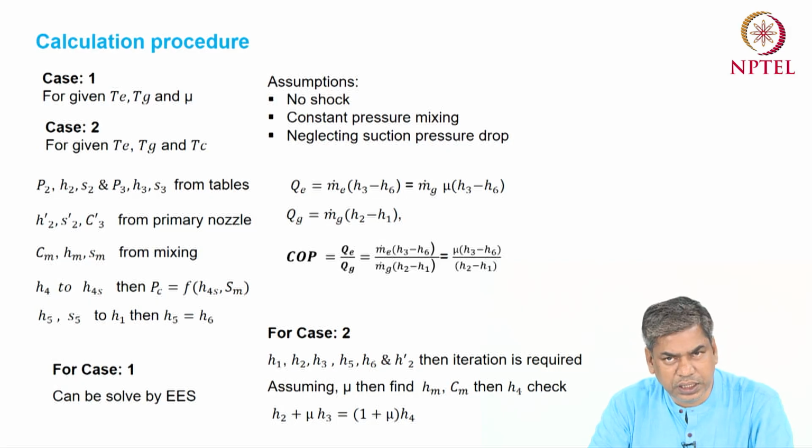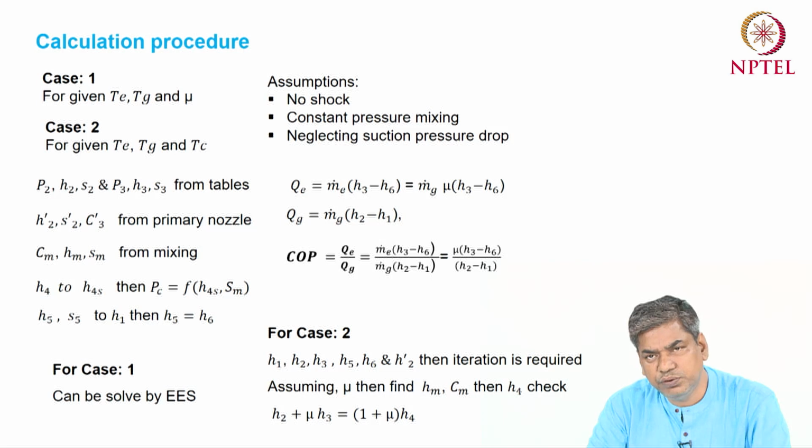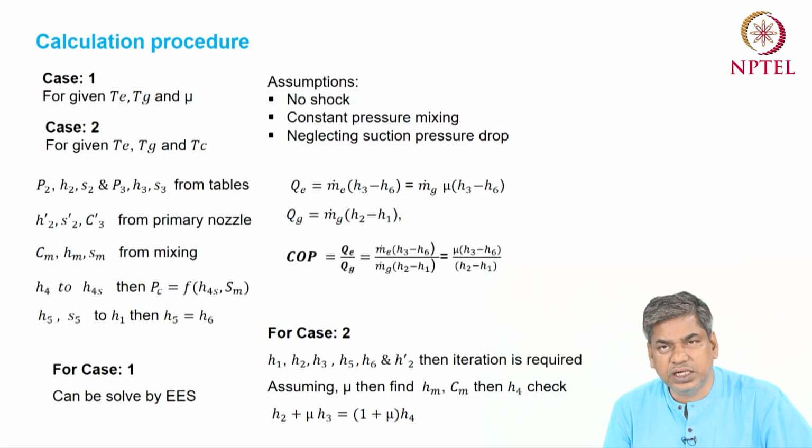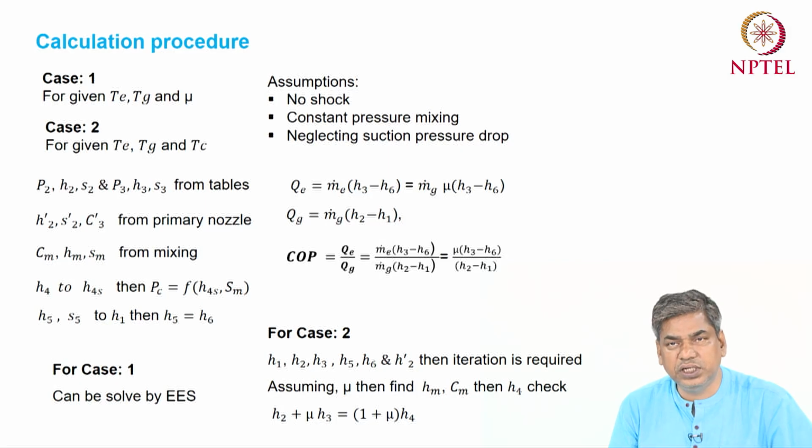So ultimately we can get the condenser pressure. And the steps we have to follow are: first the primary ejector calculation, then the mixing chamber calculation, then the diffuser section calculation to get the outlet pressure of the diffuser, which is basically the pressure of the condenser.